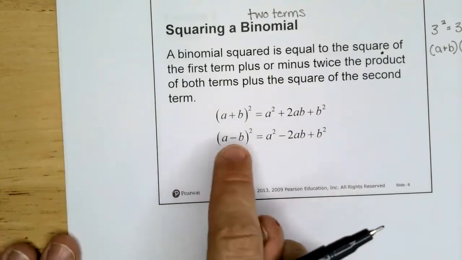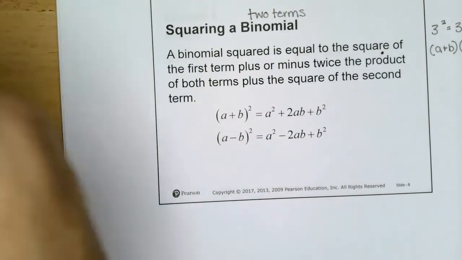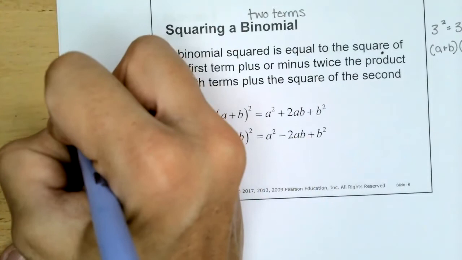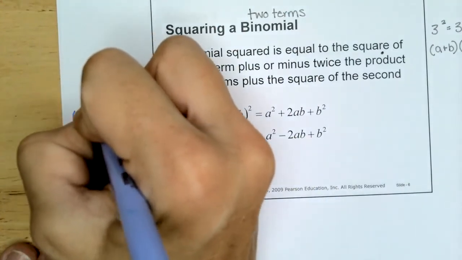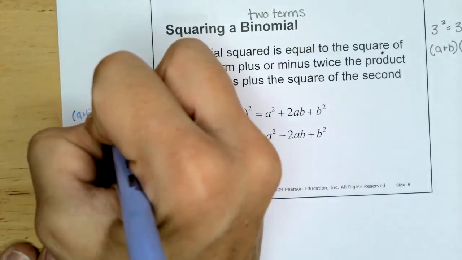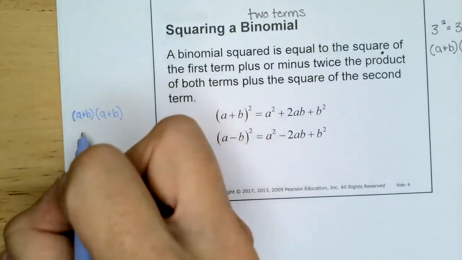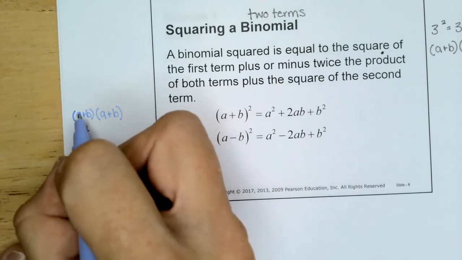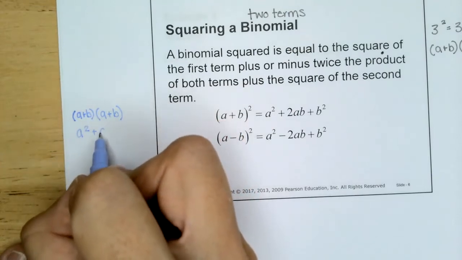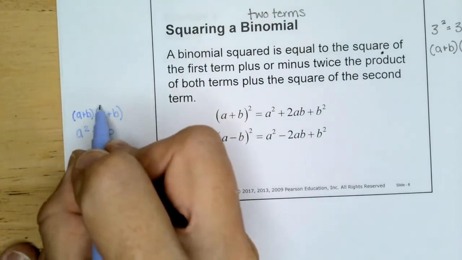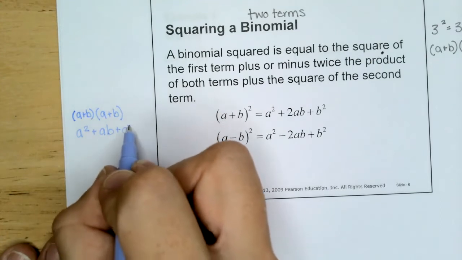So real quick over here, I will FOIL it out. A plus b times a plus b. Right? A times a is a squared. A times b is ab. B times a is also ab.